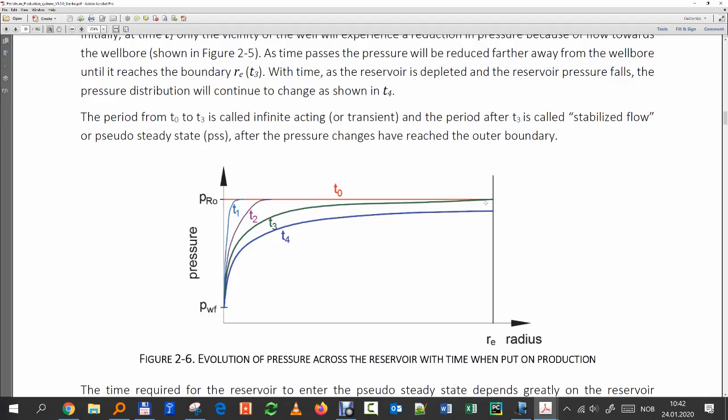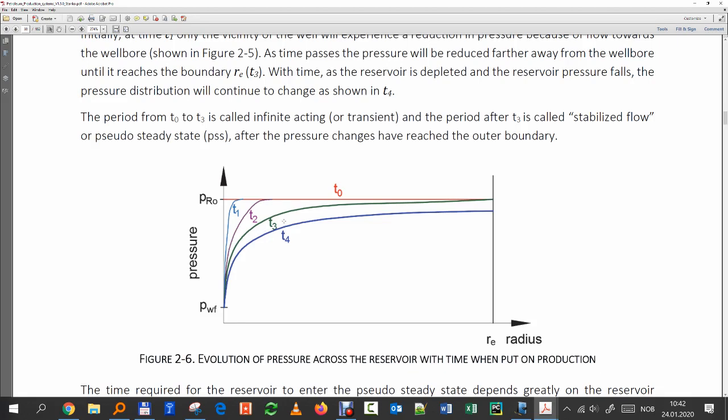Okay? So that equation that I showed you is not good between T1 and T3, just when you open and when it's reaching the bound. Okay? But after it reached the bound, that equation applies. Okay? So then from all subsequent times, that is a good approximation. Okay? Reservoir pressure, but not for this period.